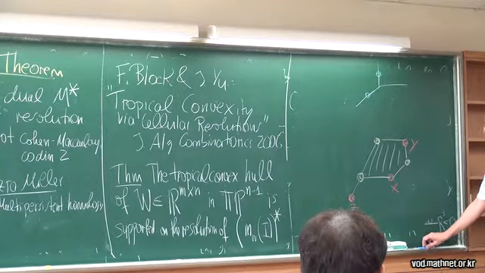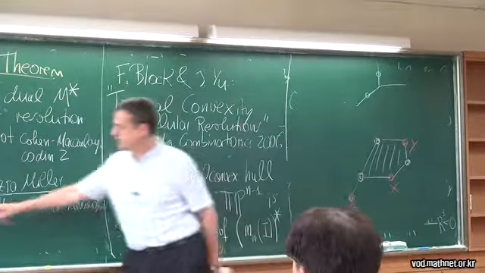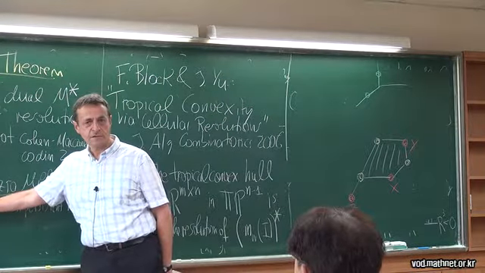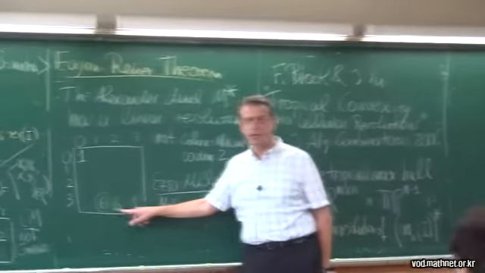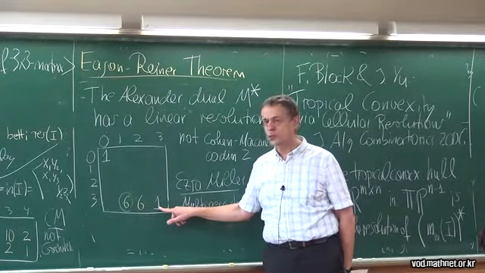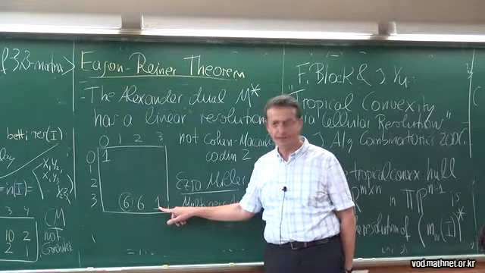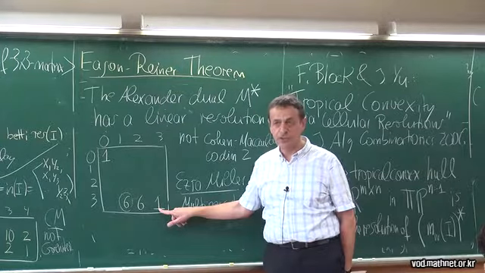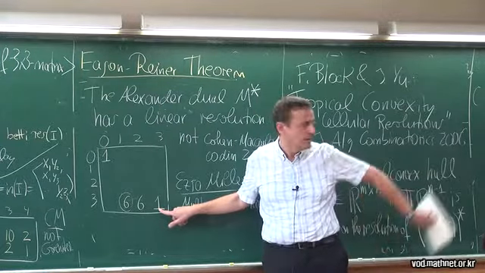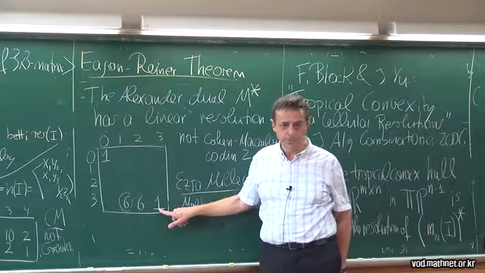This tropical convex hull has 6 vertices, 6 edges, and 1 two-dimensional cell. Okay? This socle element here is the solid two-dimensional cell.